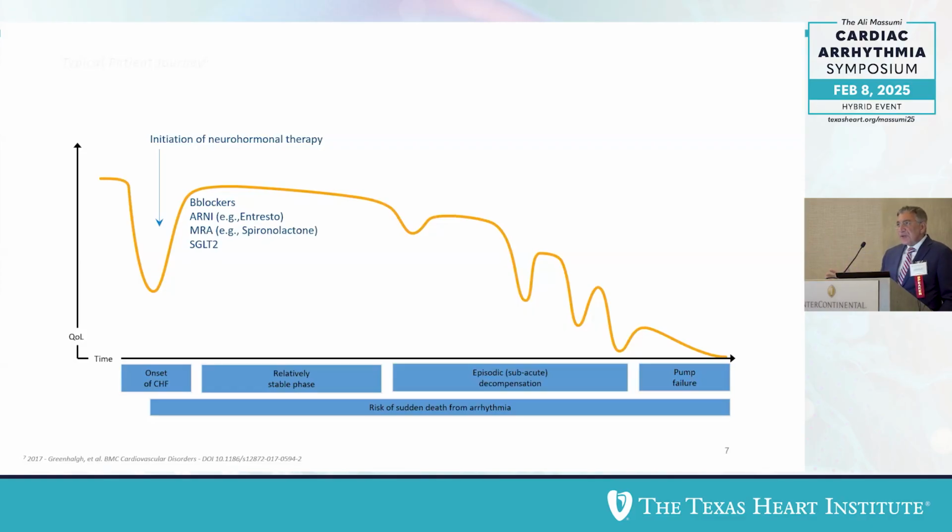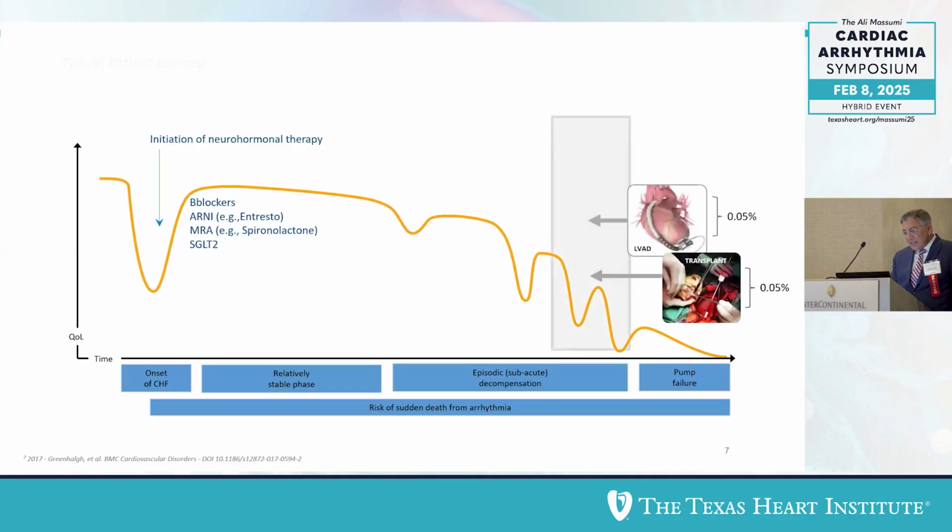Now what do we do? We initiate the four pillars of heart failure medication: SGLT2 inhibitor, MRA, ARNI, and beta blocker. So what next? As you see, this curve is declining, with quality of life going down.